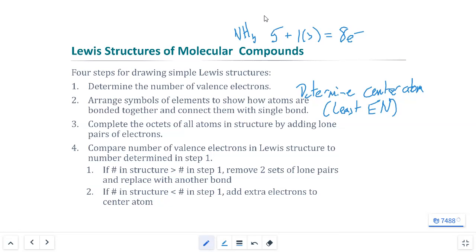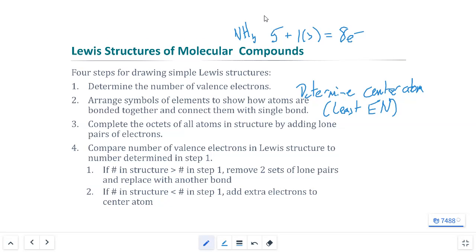So once we have that center atom, we're going to make a simple structure. That simple structure is going to start with the center atom in the middle and draw single bonds to every other element. Then we're going to complete the octets.